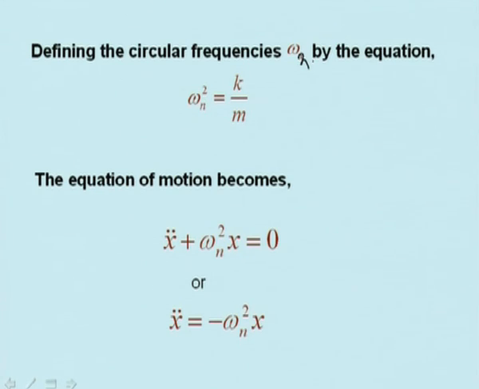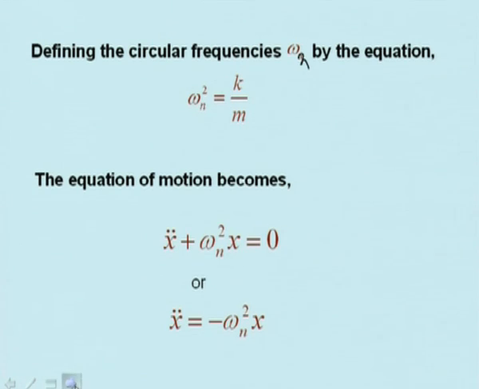Since k by m is a constant, let me represent it by omega n square. Okay, for the time being, let us consider it a constant. The equation of motion becomes x double dot plus omega n square x equal to 0, or x double dot is equal to minus omega n square into x.